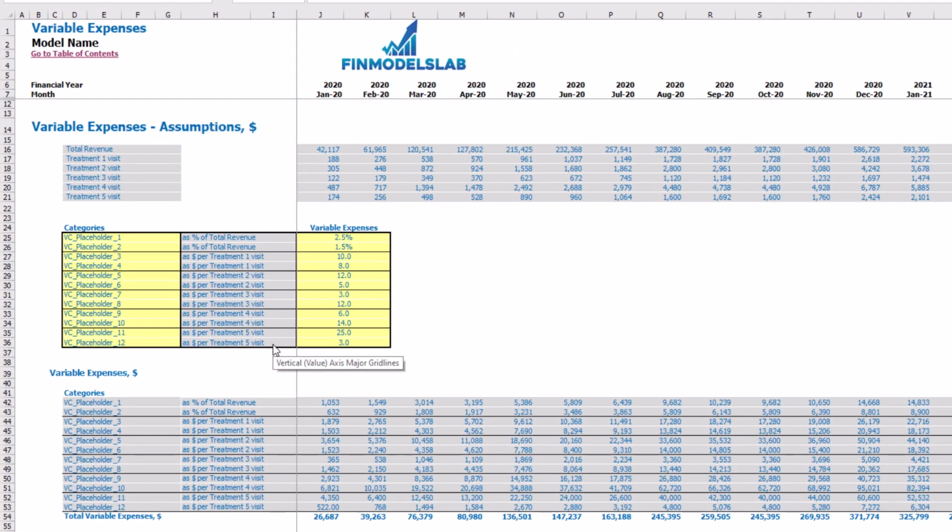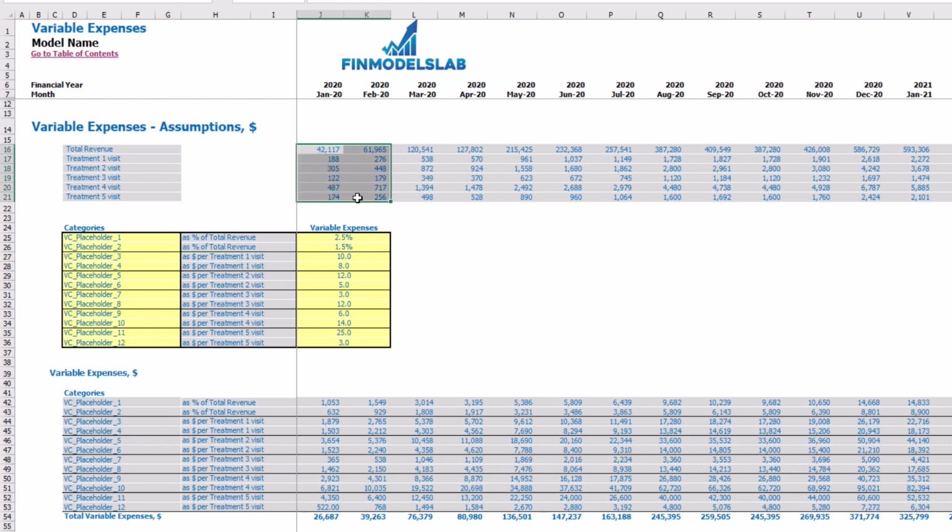On the variable expenses tab you may find up to 12 placeholders to input your variable expenses by different line items. You have different options of how to forecast your variable expenses. First type is forecast as a percentage of total revenue, and for each treatment you have 2 line items to forecast your variable expense as dollar per 1 visit for particular treatment.